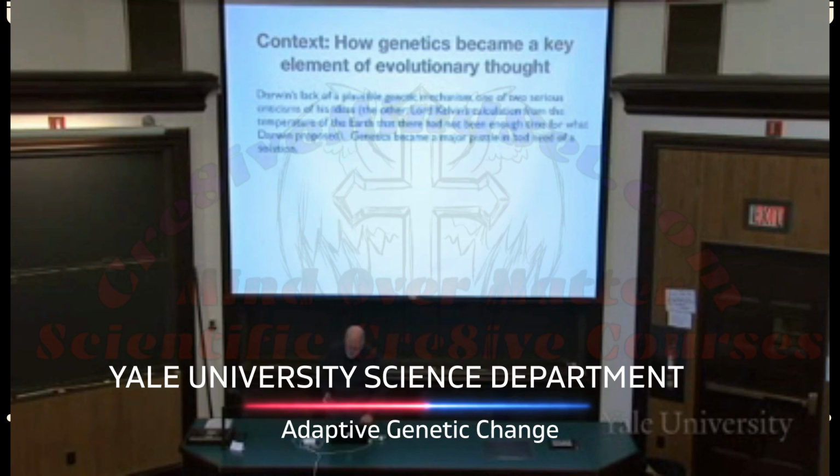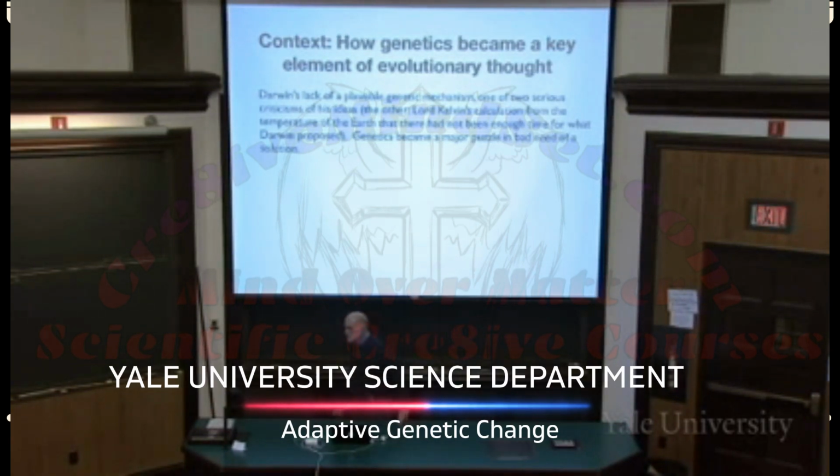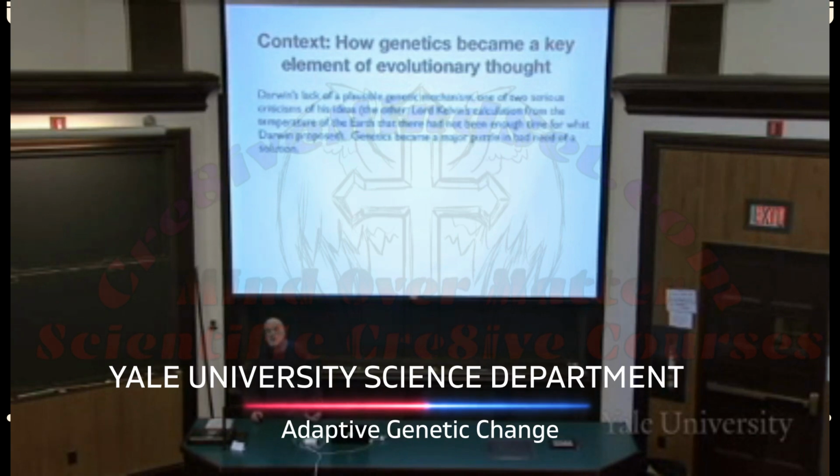So, here's how genetics became a key element in evolutionary thought. Darwin did not have a plausible genetic mechanism, and he failed to read Mendel's paper, which came out 6 years after he wrote The Origin, but before he constructed some of the later editions of his book.